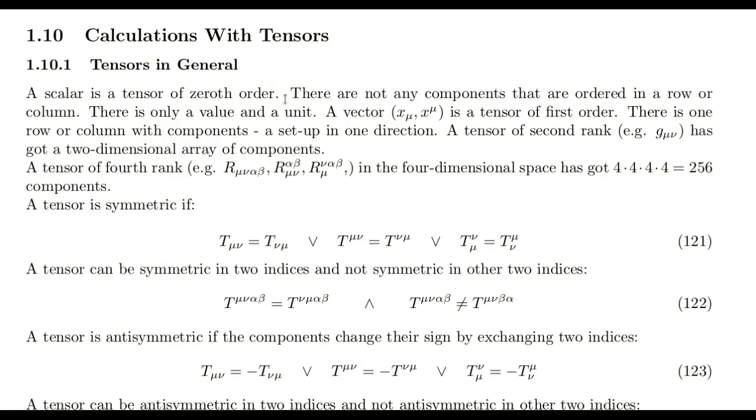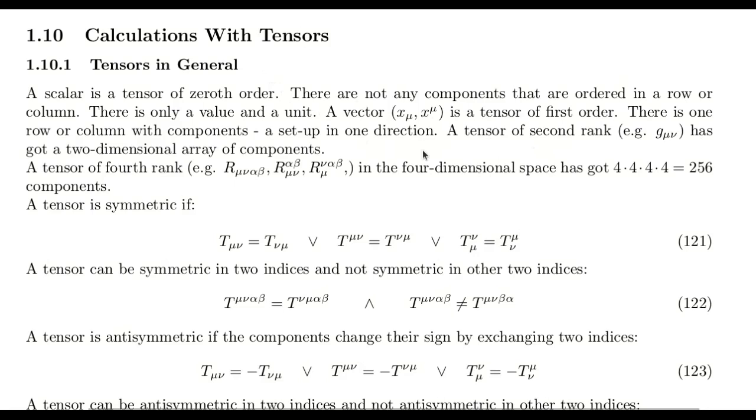A point has the dimension 0, but if we consider an extension in one direction, a line, a stretch, then this would have the dimension of 1. And so if we consider a vector, a co- or contravariant vector, a row or column vector, then we have a tensor of first order because there is an array of components in one direction.